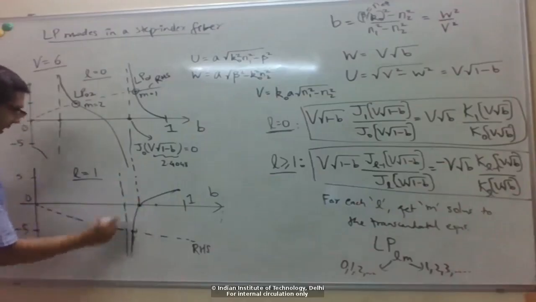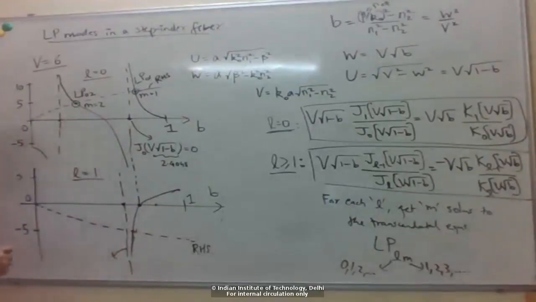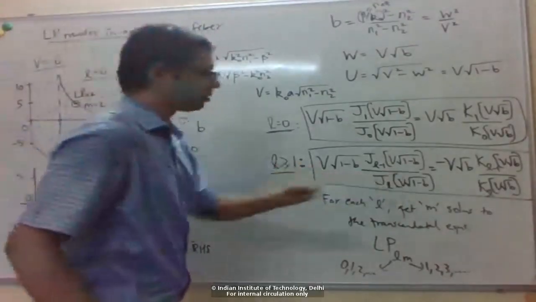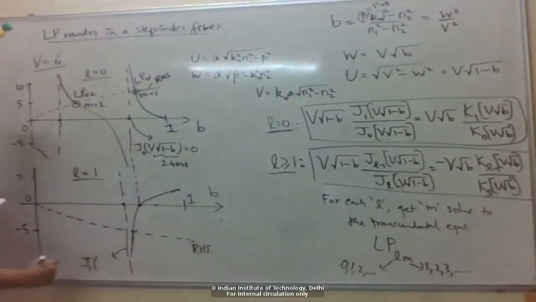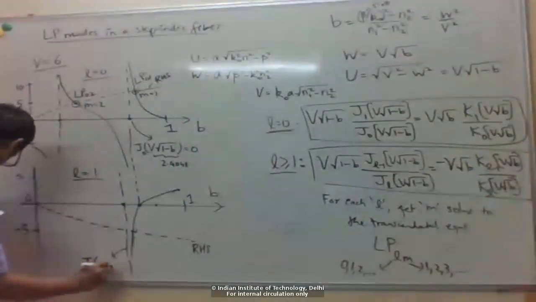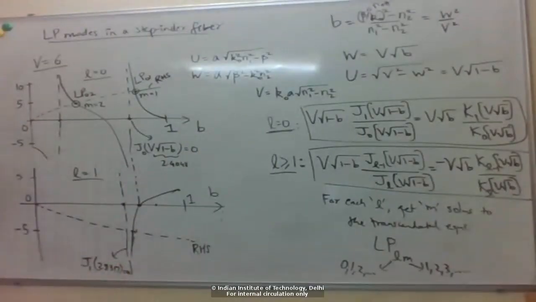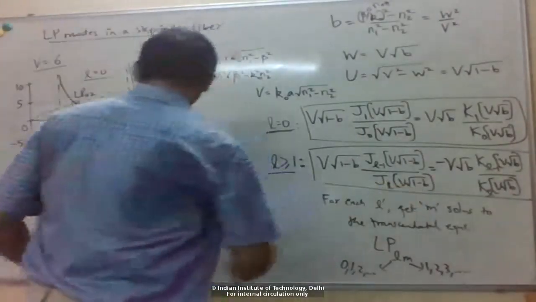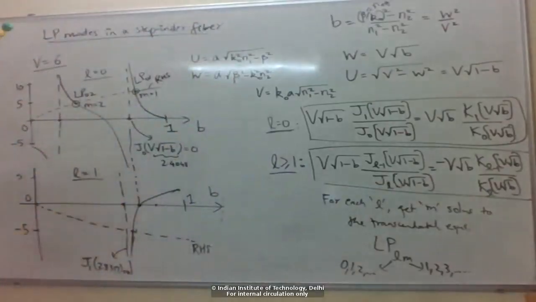So now it will blow up at this point where J1 becomes 0, right? So this is the root of J1, at 3.83. Okay, so when this b times square root of 1 minus b becomes 3.83, then this is blowing up.